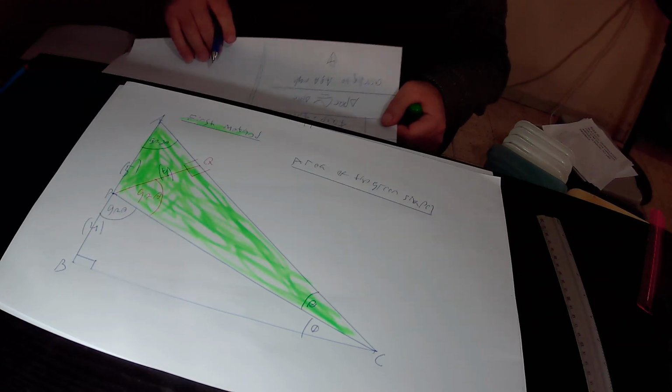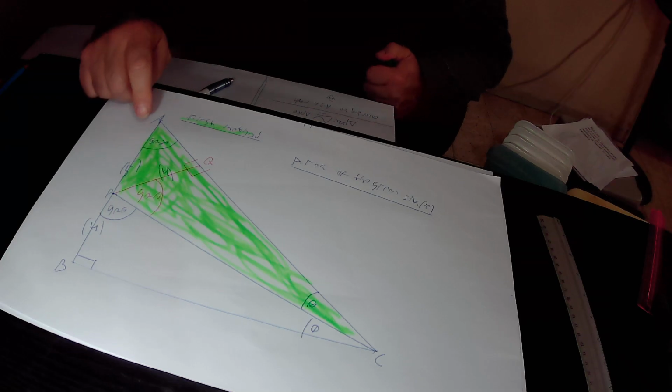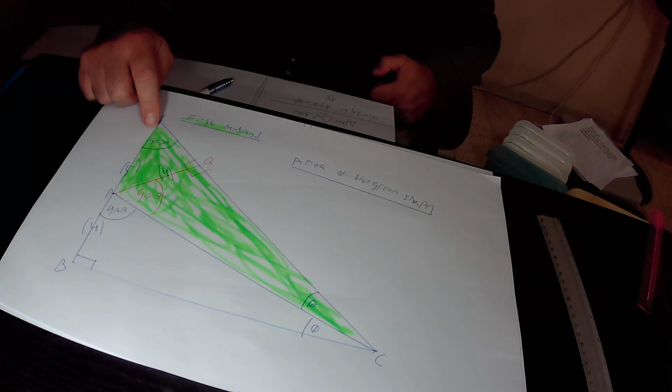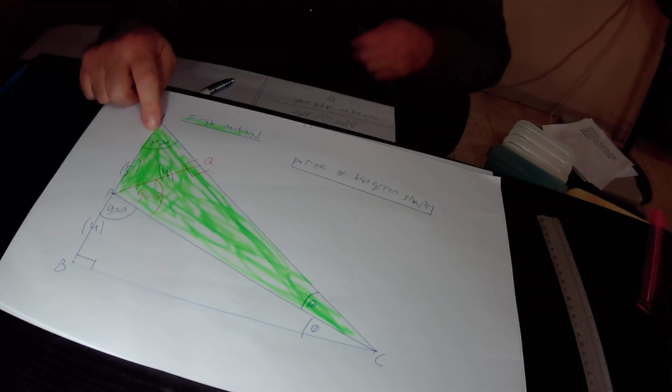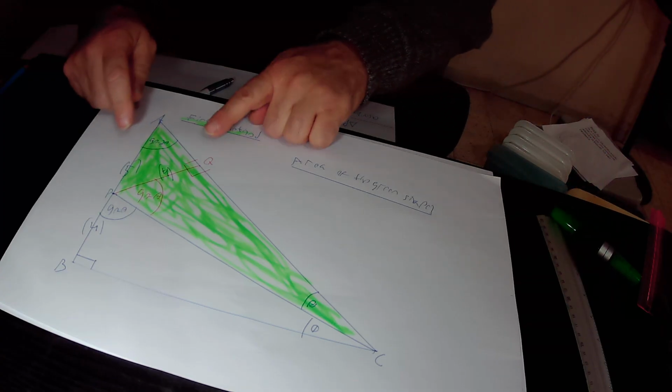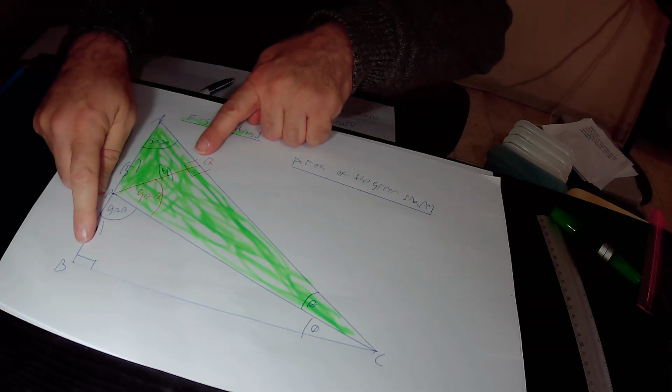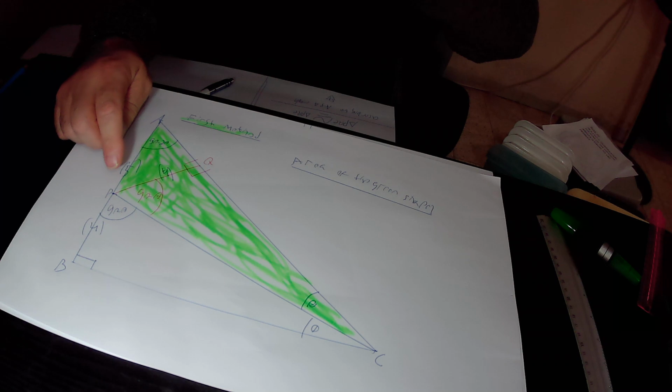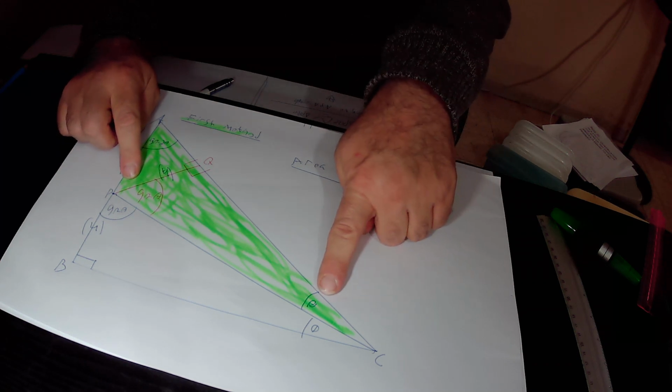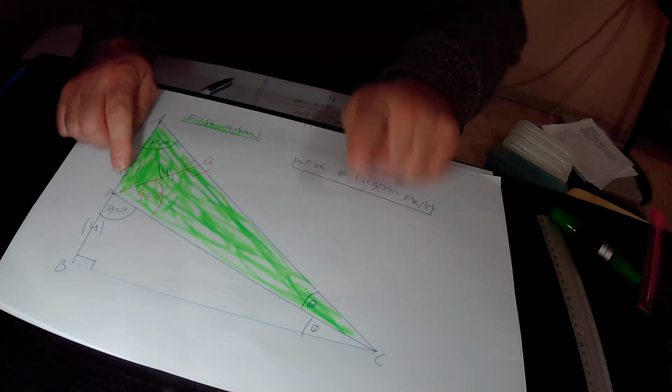That is to say, this is angle A, the common angle that belongs to both triangles. So angle A equals itself, the common angle of both triangles. Likewise, those two angles are both equal to 90 degrees and therefore equal to each other. And finally, those two angles are both equal to theta and therefore equal to each other.